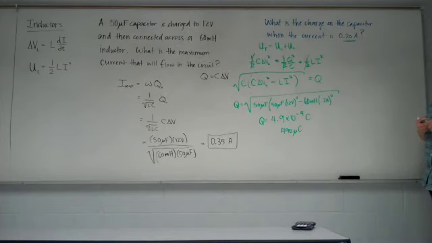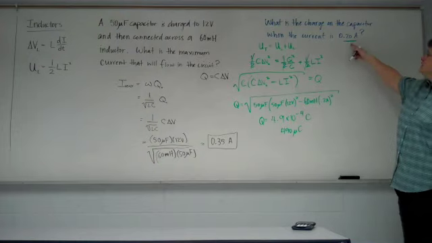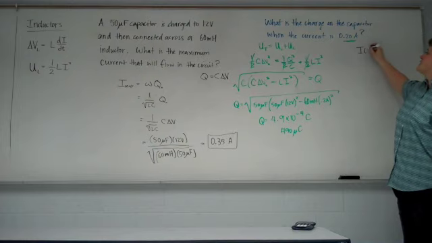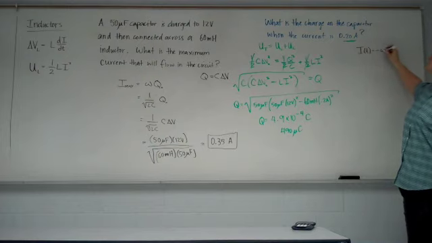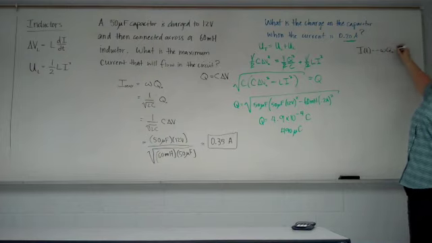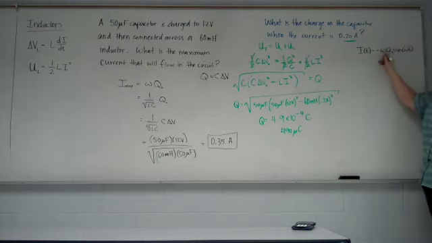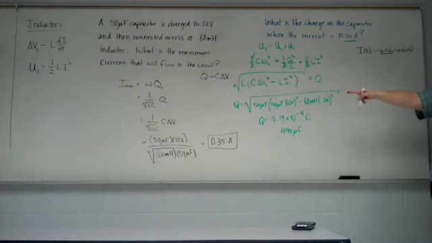Another way to arrive at the same answer, I don't know that one's necessarily easier than the other. We can use our current equation. We now know omega Q naught, because that's the maximum current. We can figure out omega.